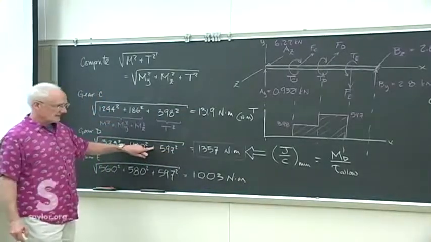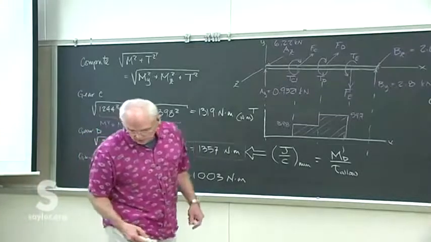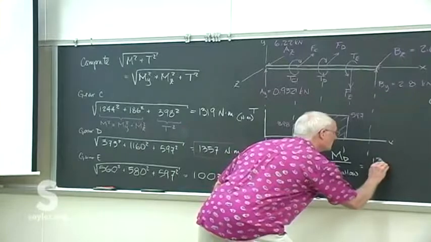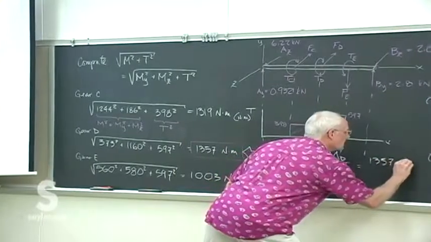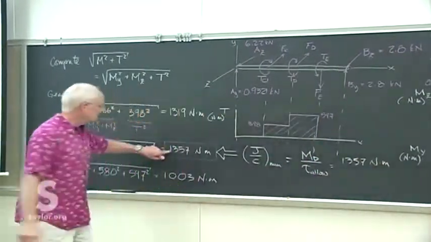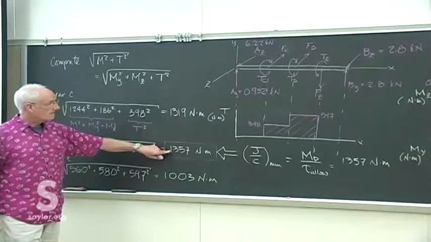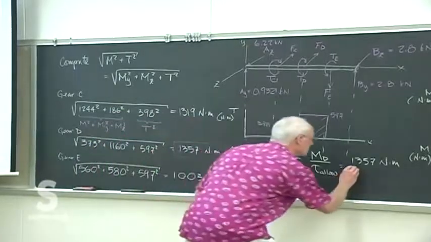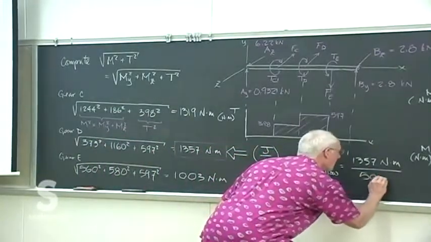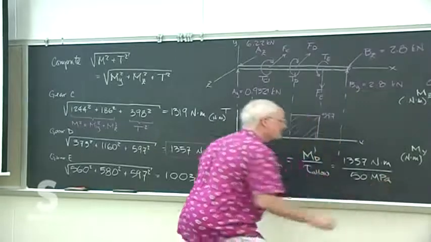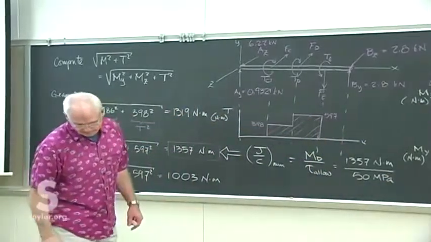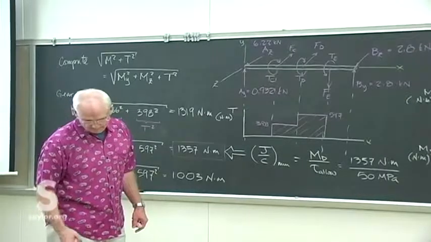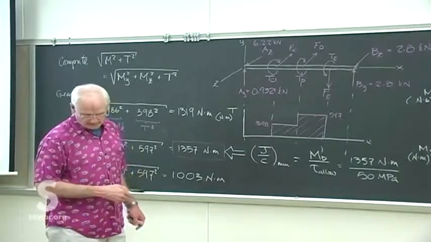Call it maybe MD, the total torque, total moment at D. And so that's the 1357 we found here, divided by the allowable stress, I've erased that, 50 megapascals. And then from that you can figure out what the radius should be.